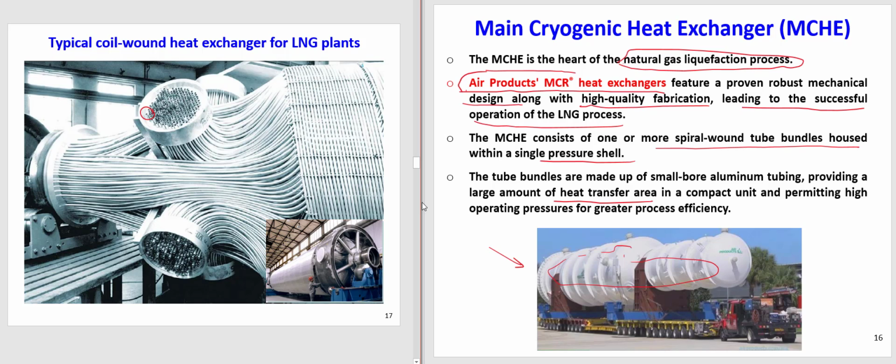So using small tubes has the advantage that we can increase the heat transfer area, right? And it's a compact unit, and it can also work at high pressure operation. That is very good for the efficiency of the process. It's very important for the efficiency of the process, as well as for safety.